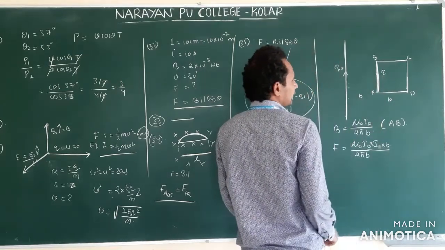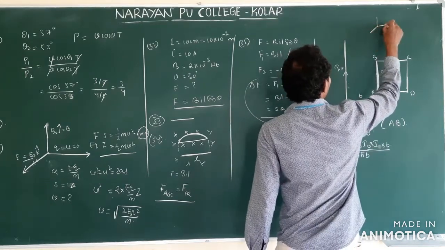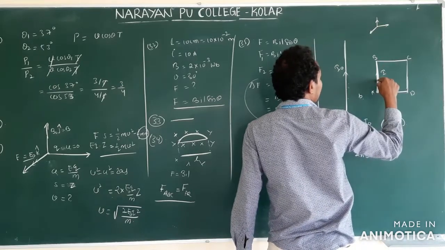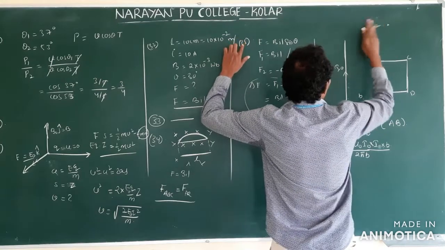Now what is the nature of the force? How do we decide? Again draw the coordinates. The field is acting into the x-axis. So what is the cross product formula?